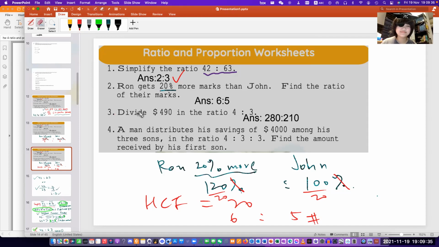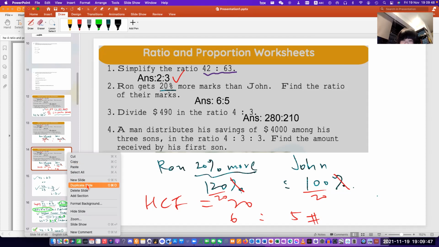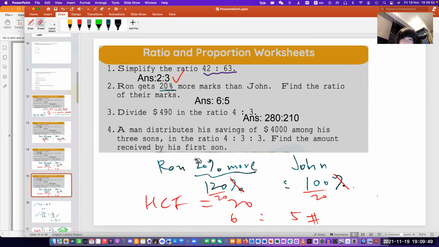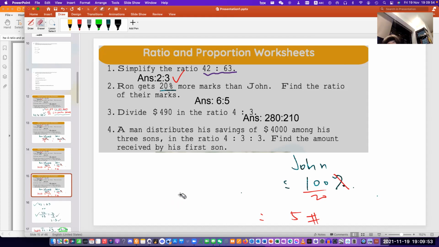Okay. So question 3 over here says what? Divide 490 in the ratio 4 to 3. Do you understand this? What was the meaning of this? Divide this 490 in the ratio of this. I realized the English part for the homework is harder than the mathematics part.